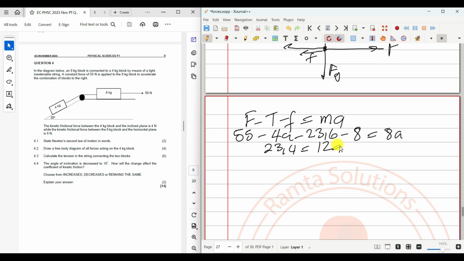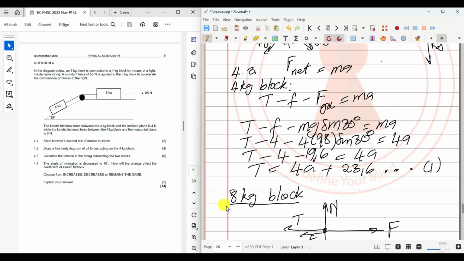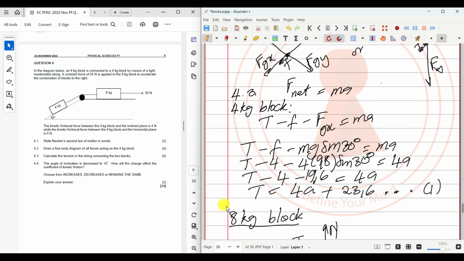So divided by 12, it will be 1.96, but we're not done. Acceleration is 1.9667 meters per second squared. That is the acceleration. So we have to substitute it into equation 1.